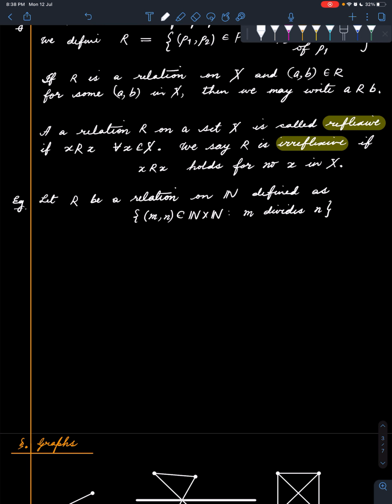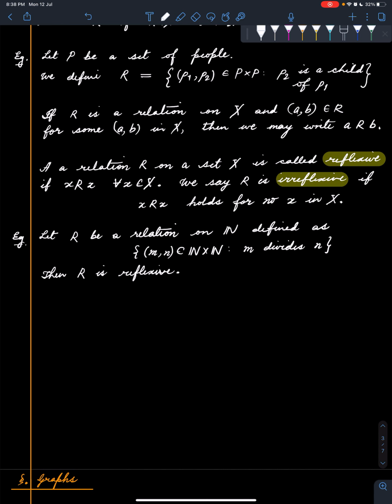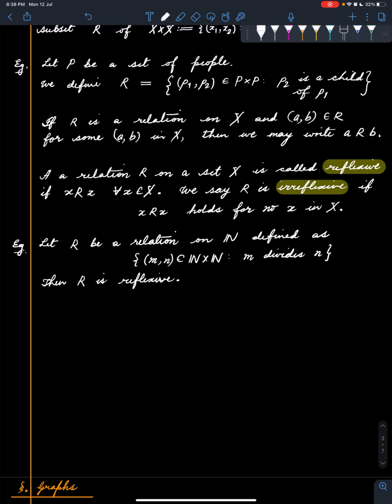So this is a reflexive relation, clearly, because any integer, any natural number divides itself. So of course this is a reflexive relation.